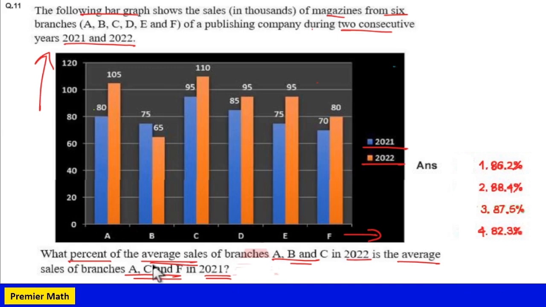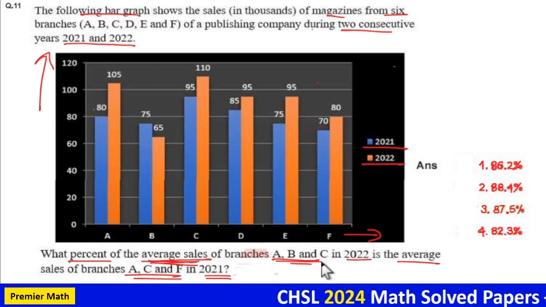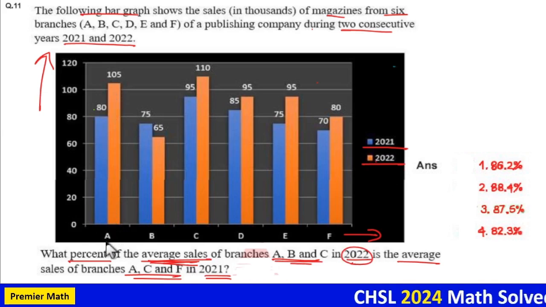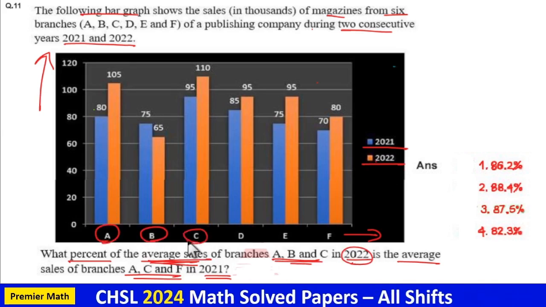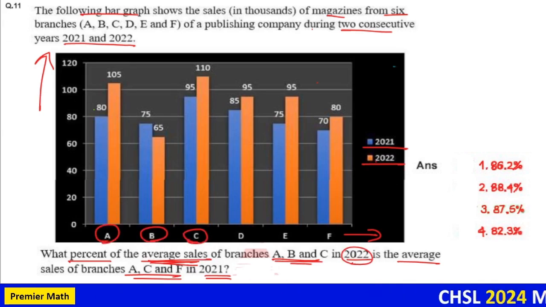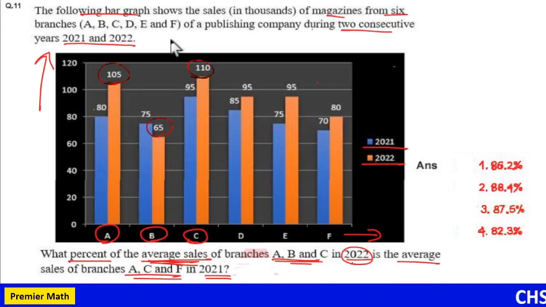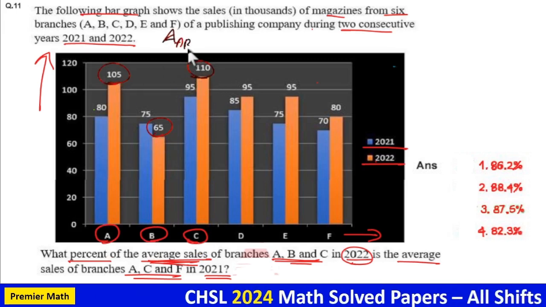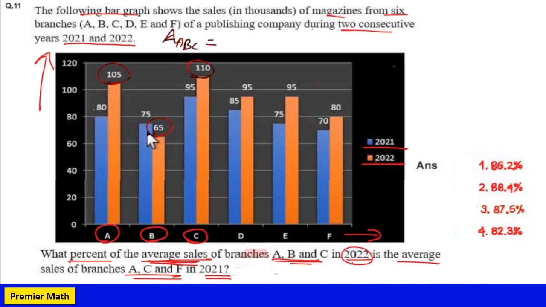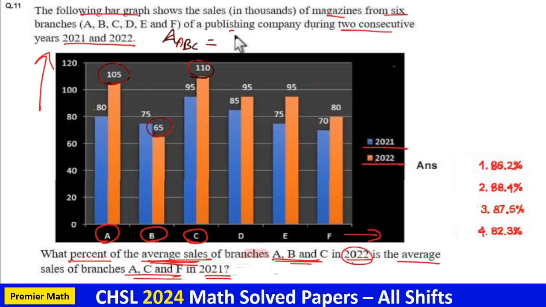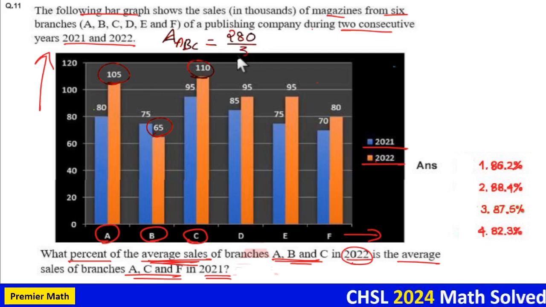Here we need average sales of ABC from 2022, the orange bars, which is equal to 105 plus 65 plus 110. 105 plus 65 is 170, 170 plus 110 is 280. So 280 by 3 is the average sale.